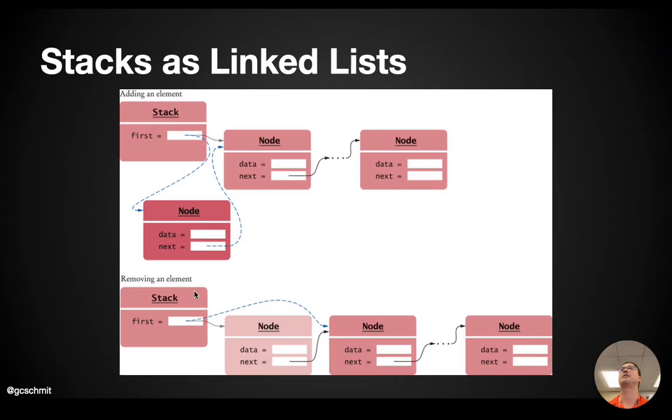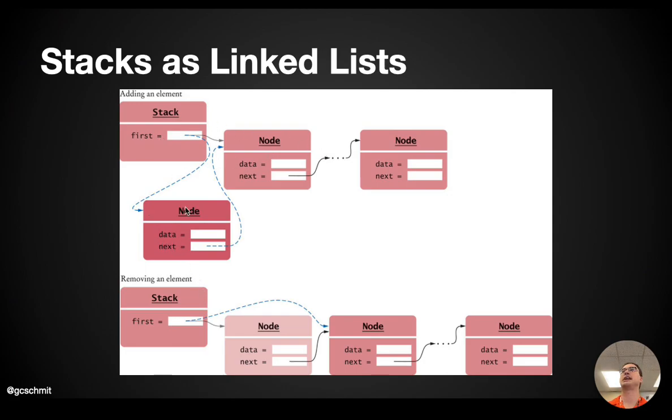Like we see in the diagram here, if the user pushes an element onto the stack, we will need to make a new node. We're going to have to initialize data to the element that they specified. We're going to have to change some links here to insert this node at the beginning of the list. The new node's next needs to refer to the current node that first is referring to.